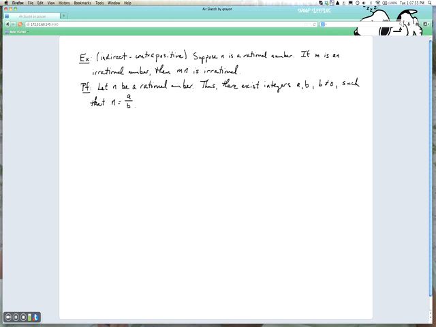Okay, and that's just the definition, okay, of what we're talking about. What we can do here is say, consider the statement, and let's do now the contrapositive of this if-then statement. Consider the statement, if mn is rational, then m is rational.